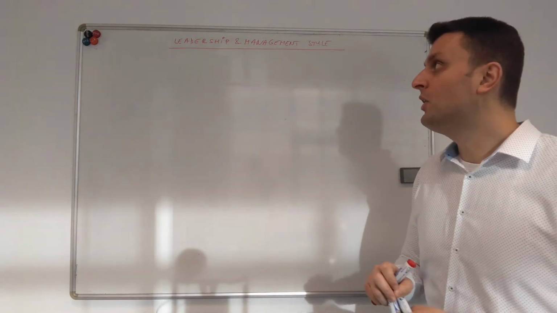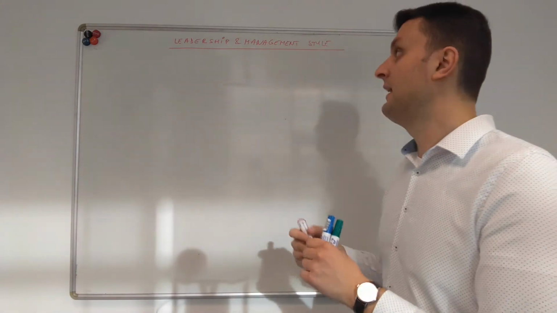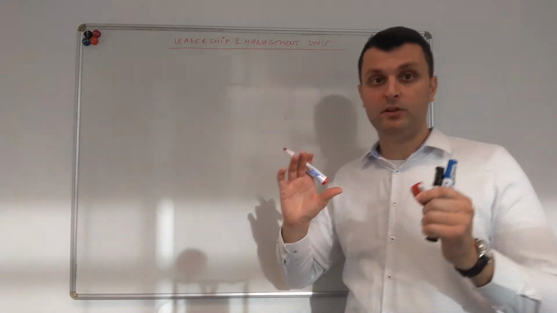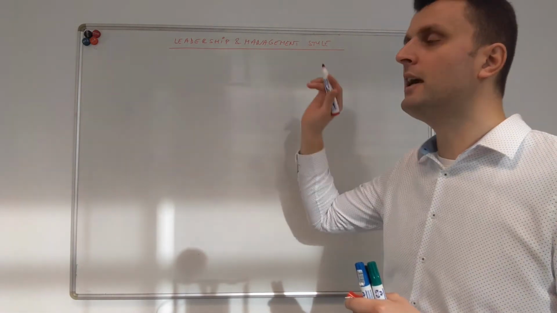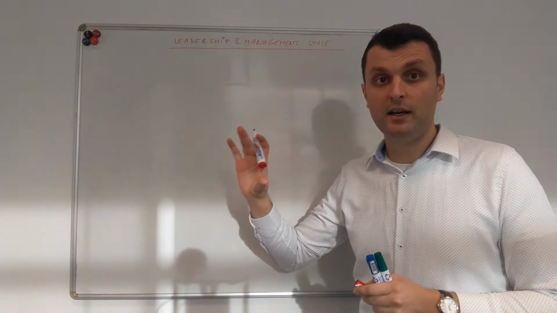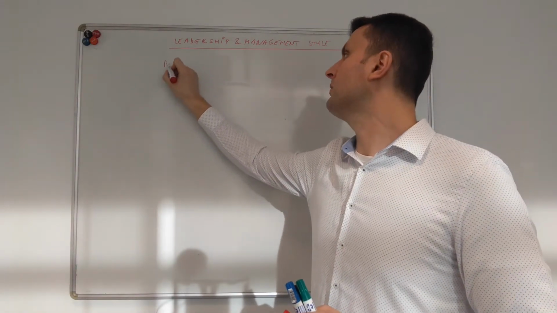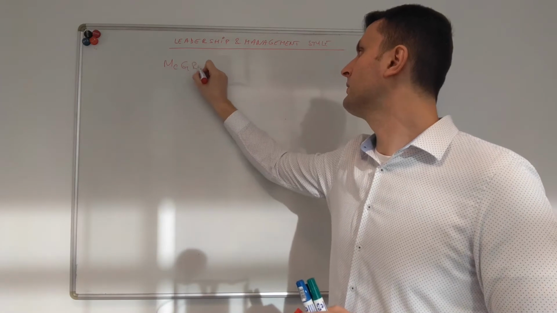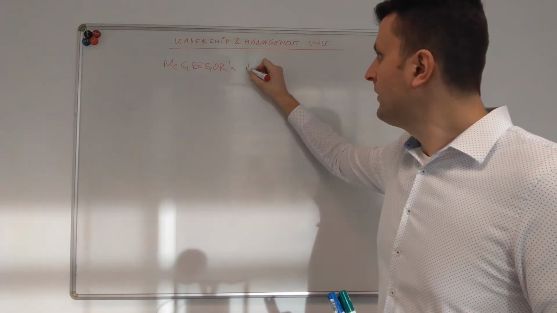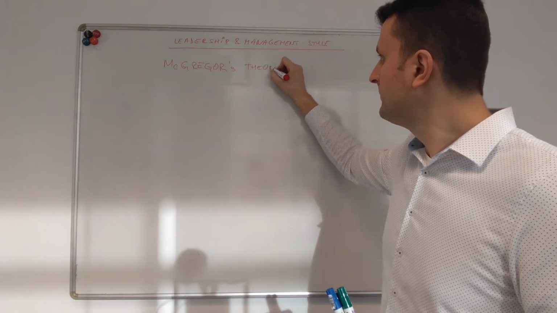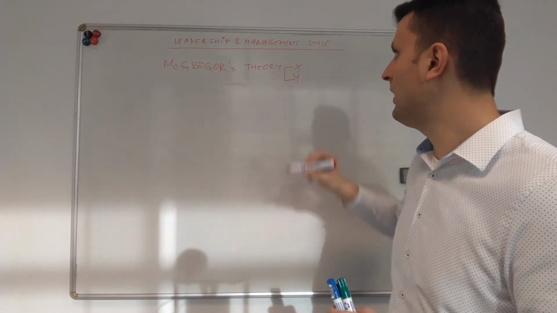He is known as Douglas McGregor, and he was a brilliant management professor in the 1950s, and he came up with the following concept, which is called McGregor's theory X and theory Y.